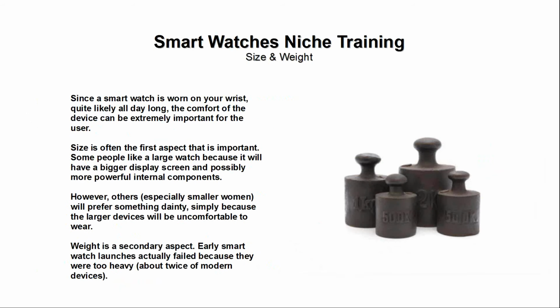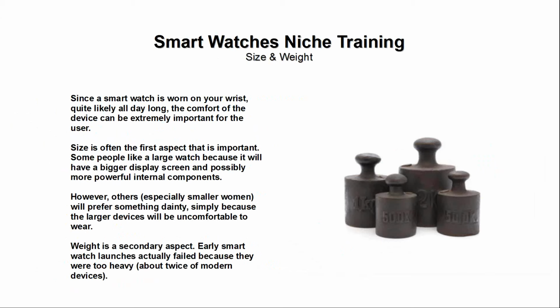Another aspect that's really important to many people is the size and the weight of these devices. Since you're going to be having this watch on your wrist quite likely all day long, the comfort of the person wearing it is going to be extremely important.